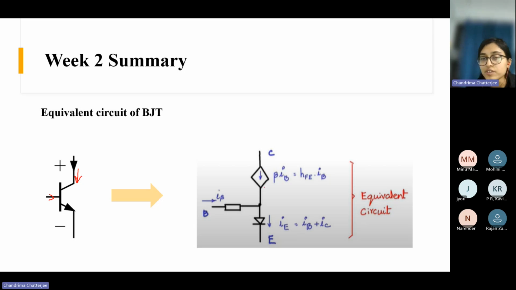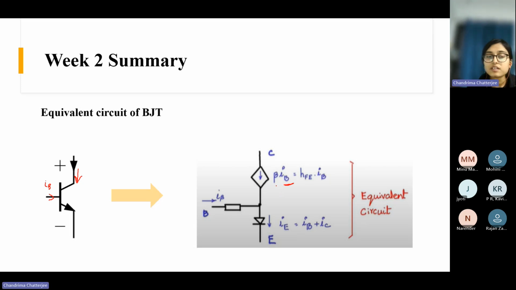This is the symbol of a dependent current source, meaning this is not independent. This current source is dependent on another variable. Here that variable is IB, the base current. So beta IB. There is this factor beta, that is the current gain of this transistor.